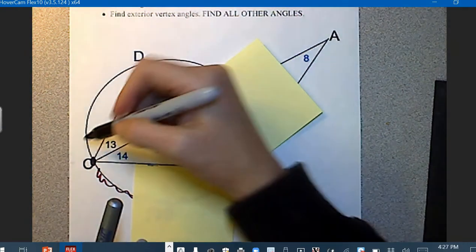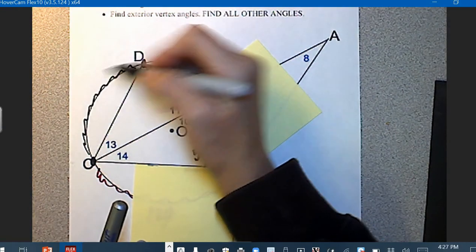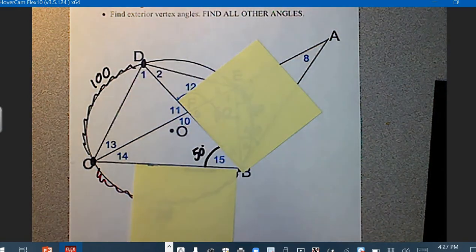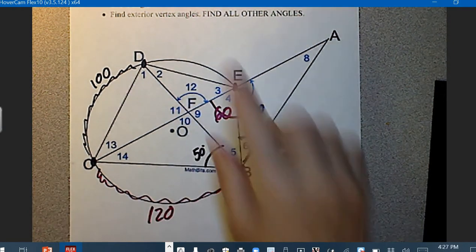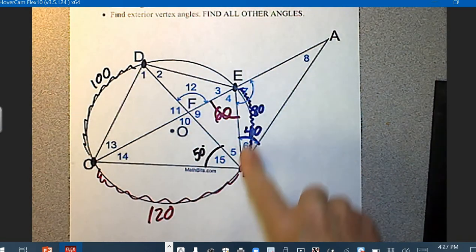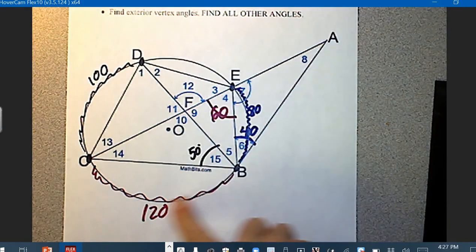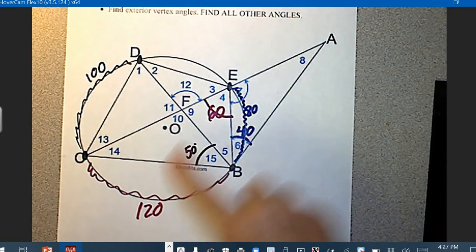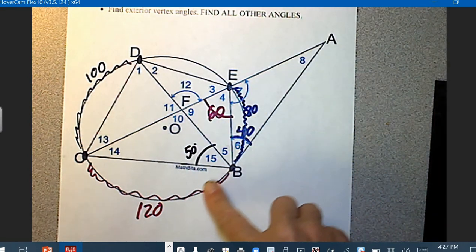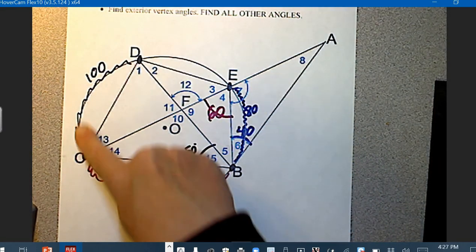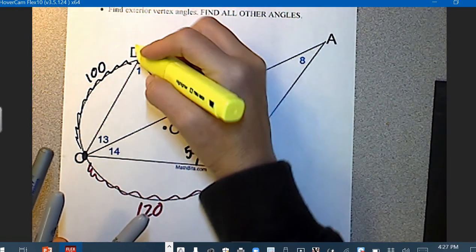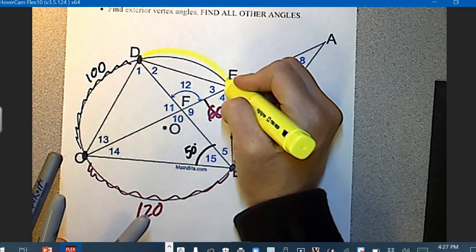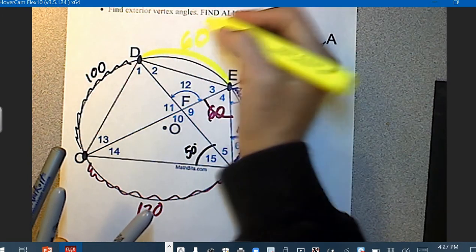If this is 50, this out here is 100. And you always want to go arcs before angles, if at all possible. So I go around this way, and you see I have 80 plus 120 is 200. That's 300, which means this right here must therefore be 60.